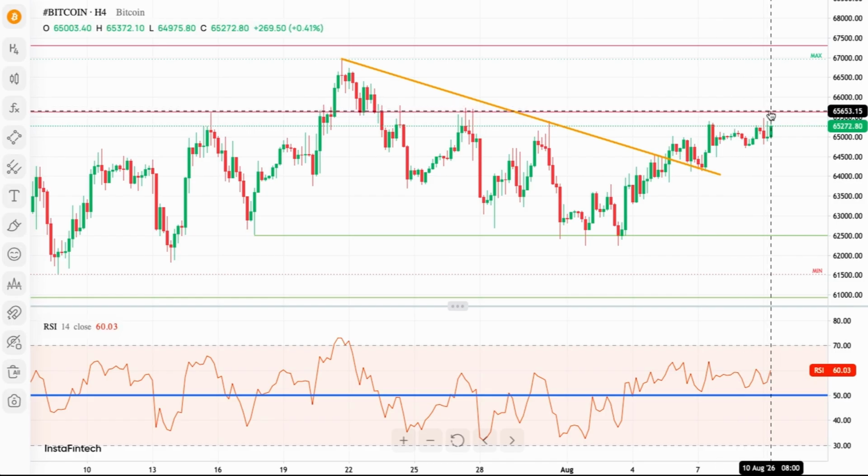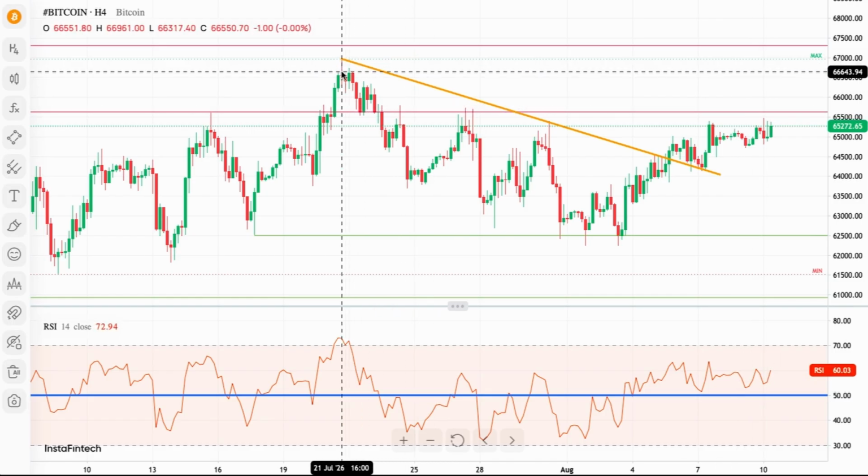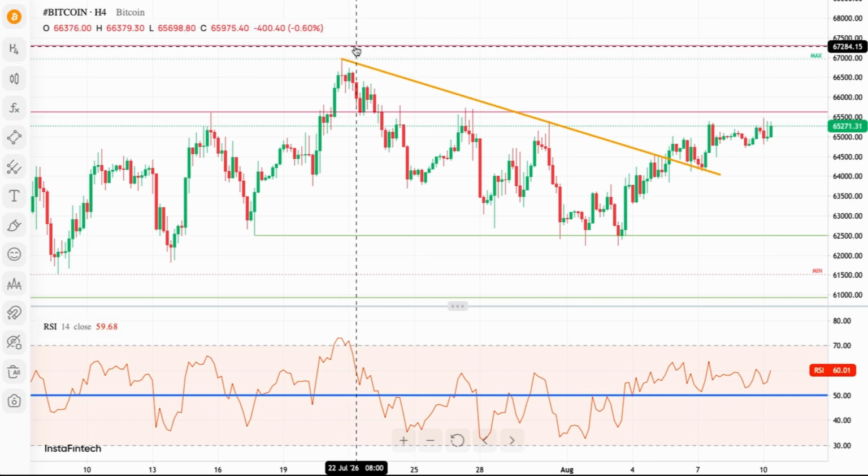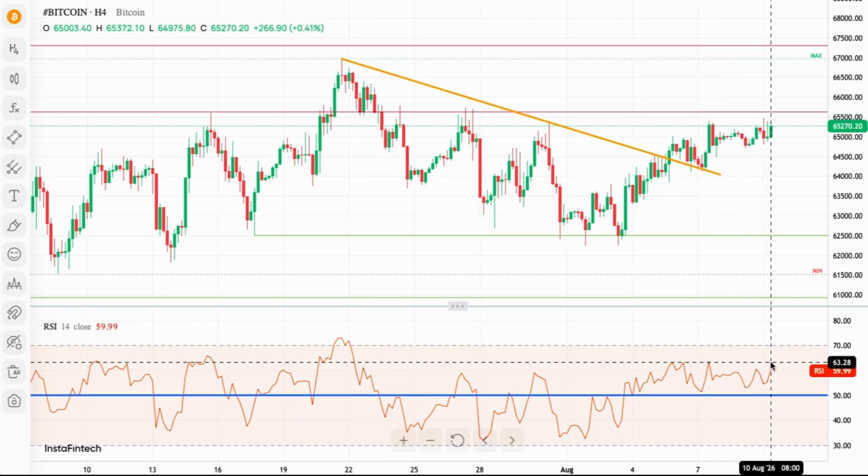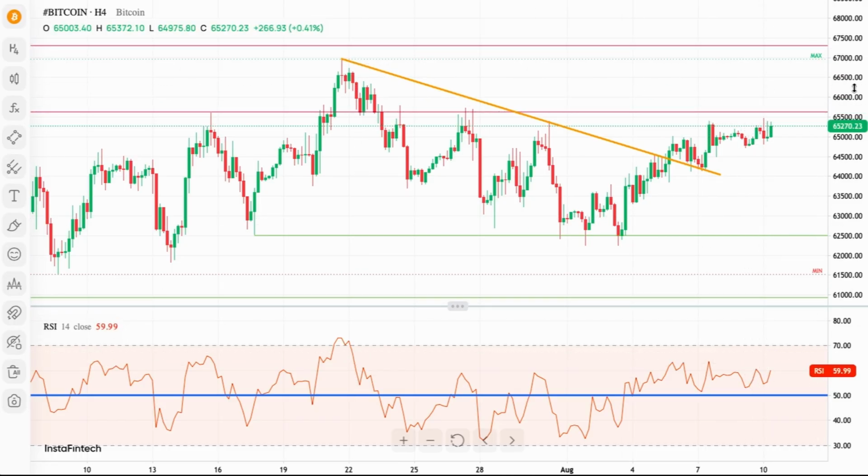Any breakout above this level is bullish, and we might even take out the July 21st swing high, and then even go higher towards 67,284. So please stay focused, stay vigilant. It looks like with this kind of momentum, we might see movement on the Bitcoin quite higher this week. That's everything from me for today.